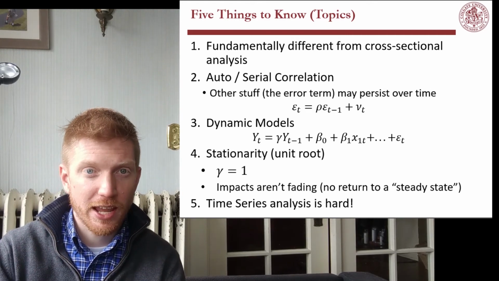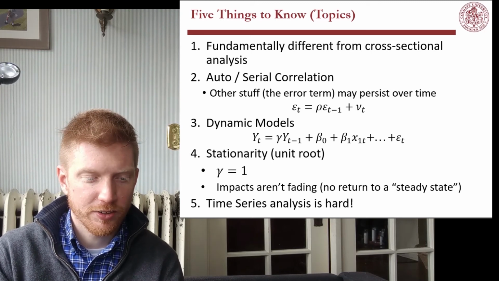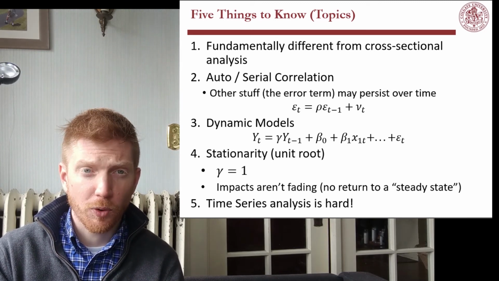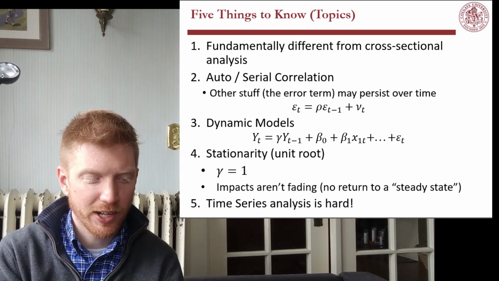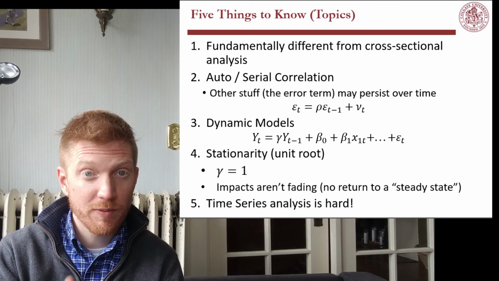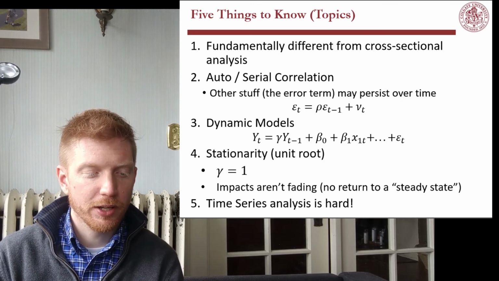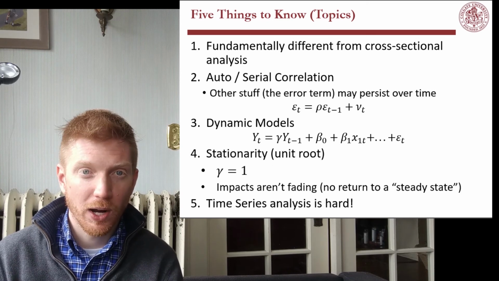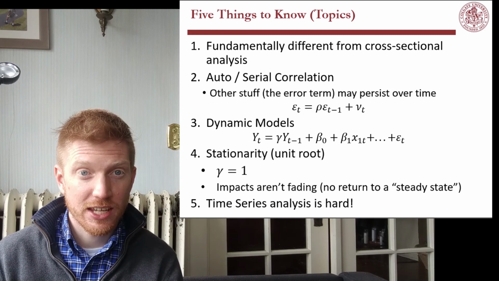There's persistence in the error term, and that's going to impact our ability to calculate our standard errors. We're also going to discuss dynamic models, where not just the error term is sticking around, but the previous values of y itself are going to determine what y is. These dynamic models have stickiness in your outcome.